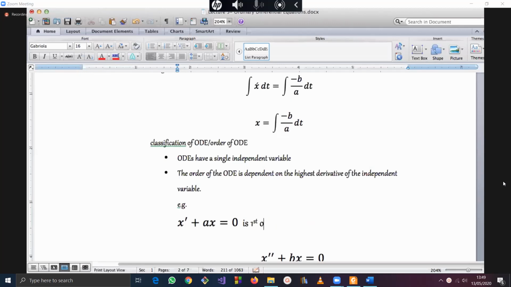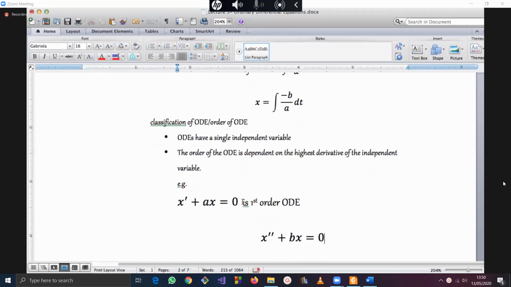First order ODE. Right? So since here it's 1, this becomes a first order ODE. Then, using the same reasoning, the next one will be second order ODE.